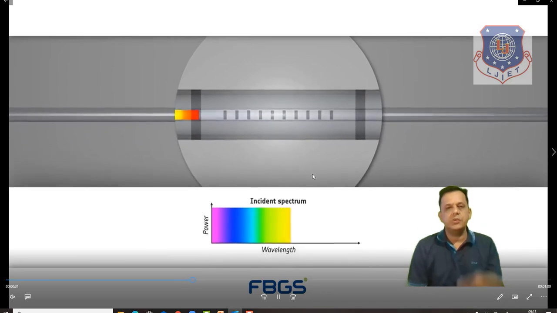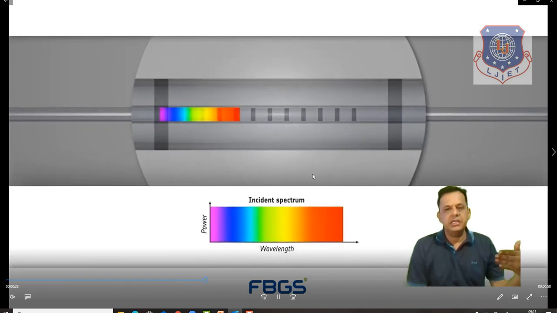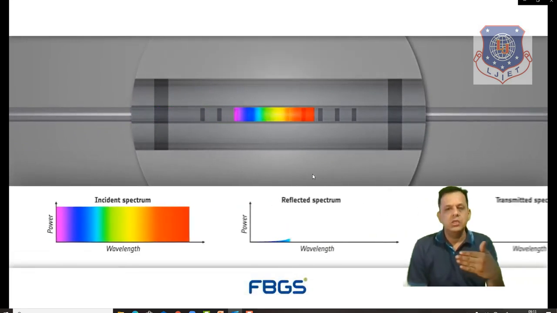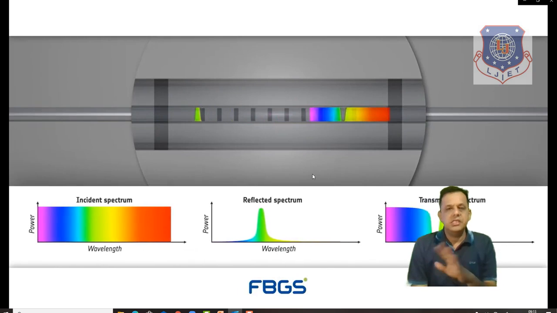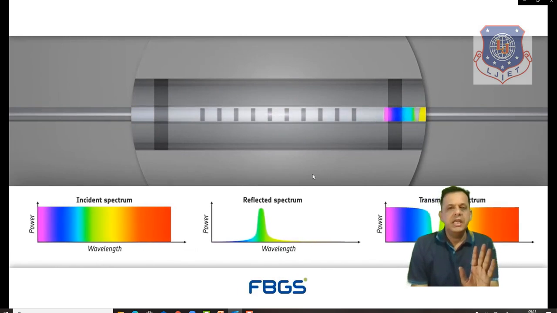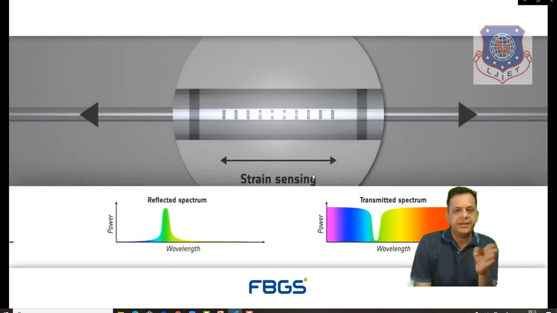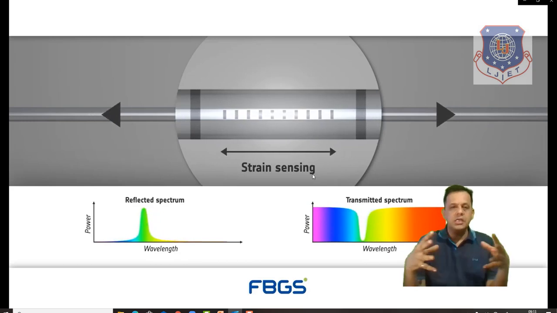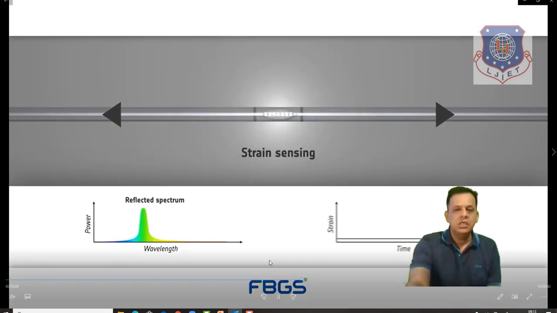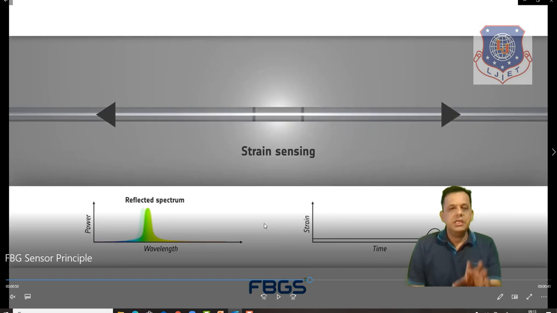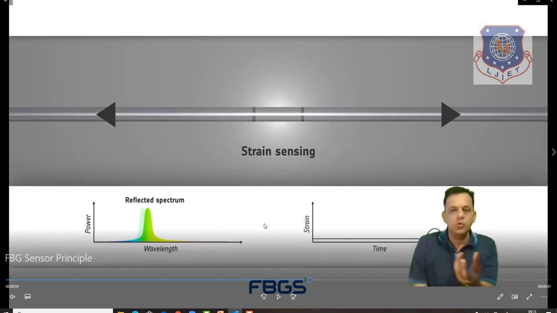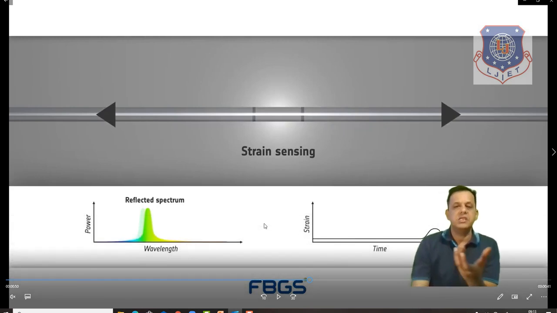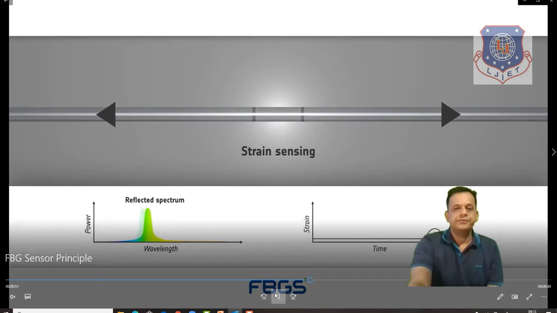These are the three layers of the cable, and as the incident spectrum light passes through, under no stress there will be no change, and a particular reflected spectrum goes back. Now strain sensing, say tension or compression.